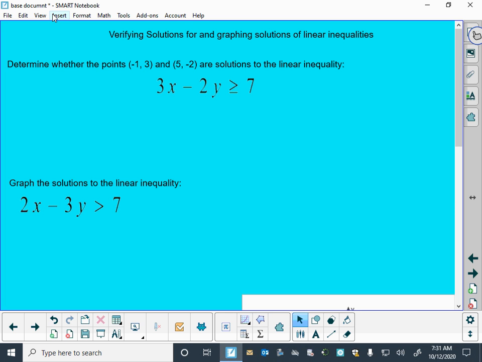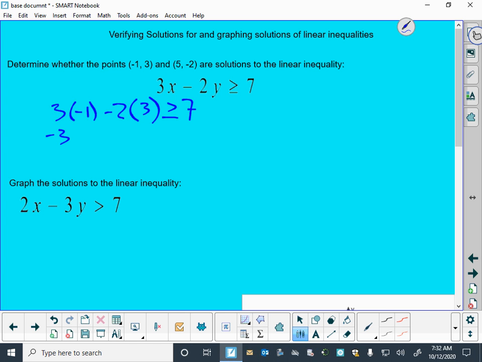Okay. But the idea of a solution is just when we put the input in for the input and the output in, does it actually give us something that's true or not? So in our first one, it says that x is -1, so we'll try putting a -1 where the x is, minus 2 times the y, which is 3, and we're checking to see if that combination of x's and y's comes up to a number that's greater than or equal to 7.